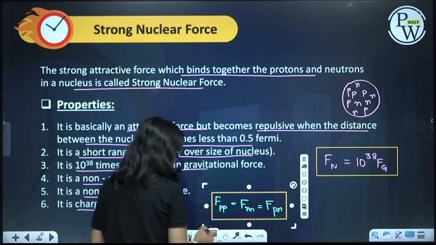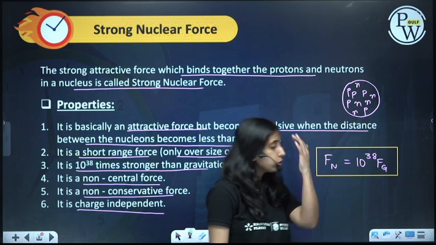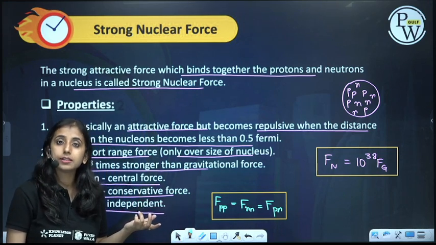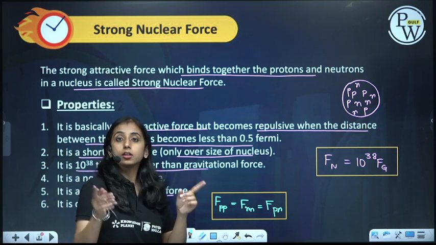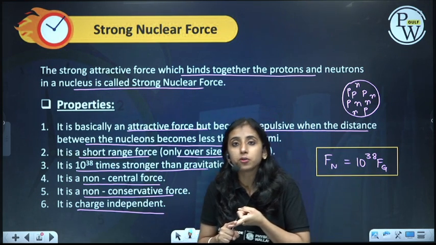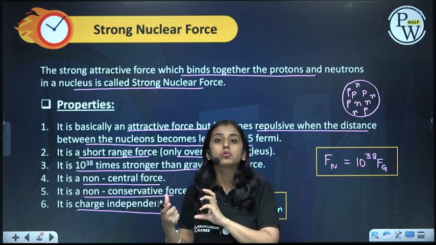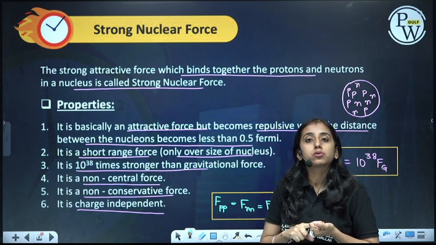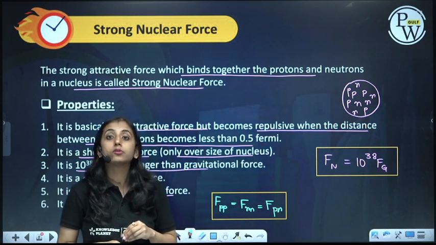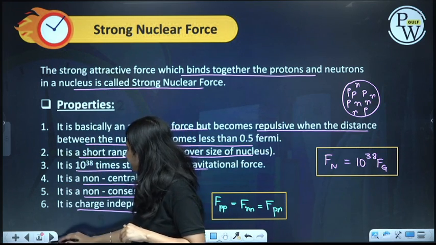It does not depend upon the charge of the nucleon, whether my nucleon is charged or chargeless. So this is the strong nuclear force.